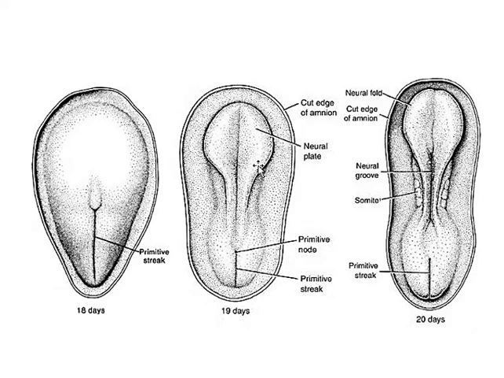Then a groove appears in the midline, called the neural groove, and the groove and the plate together form the neural plate. Here we have the somites, and in this area the neural tube forms cranially and caudally.